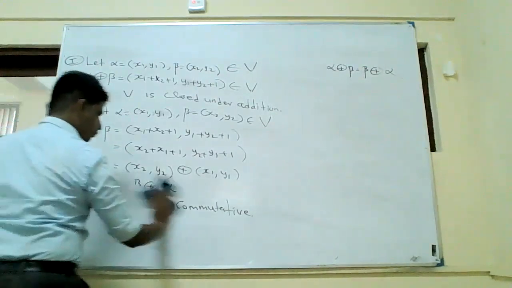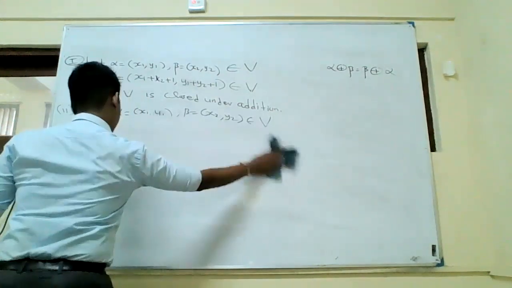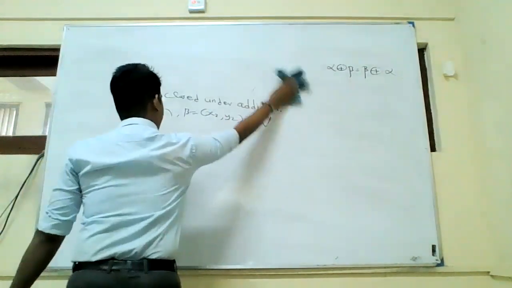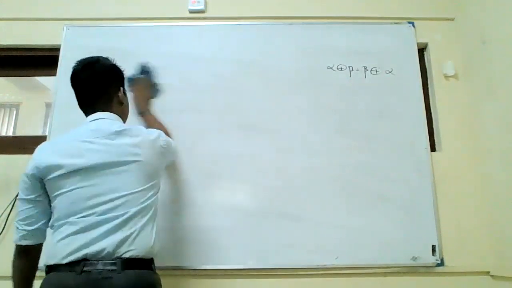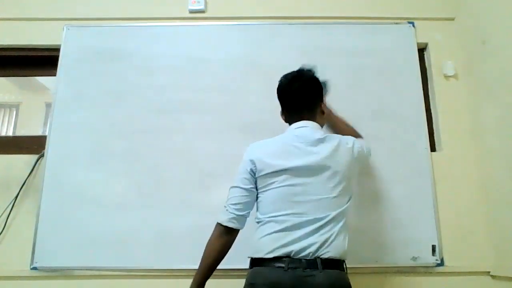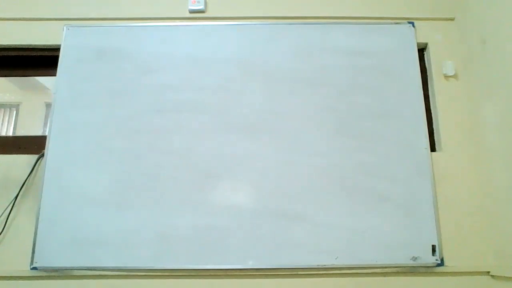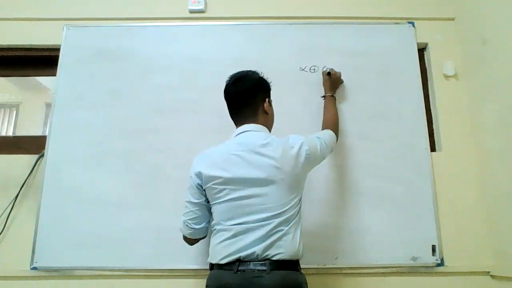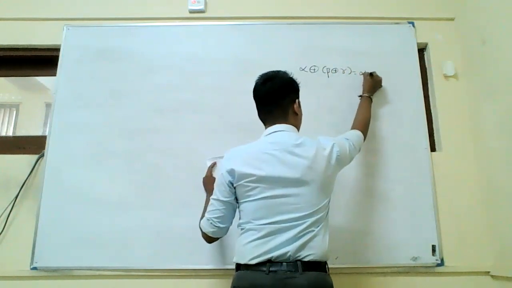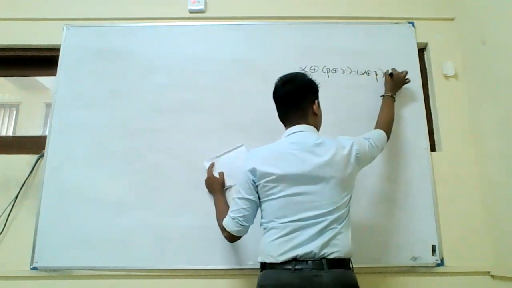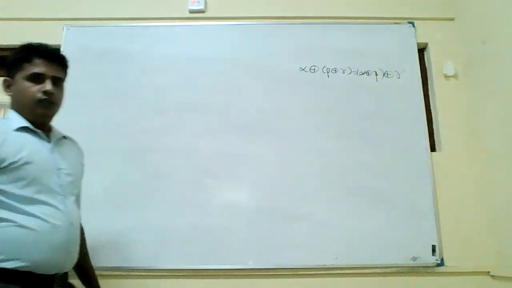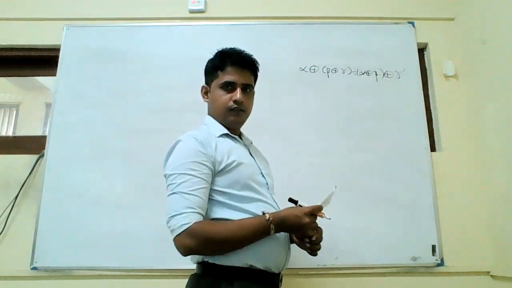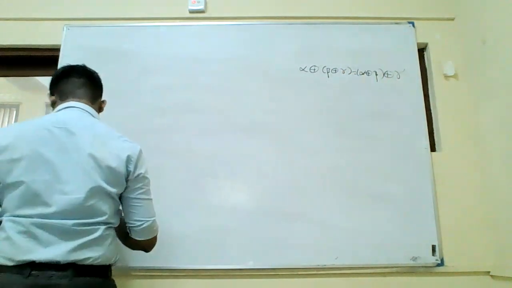Next, for associative, you want to prove this condition. Suppose you take three vectors alpha, beta, gamma.